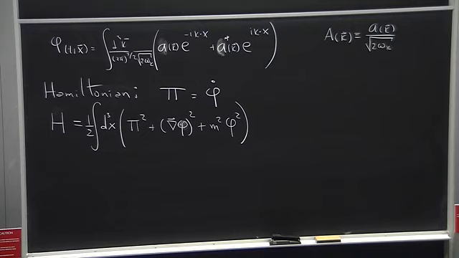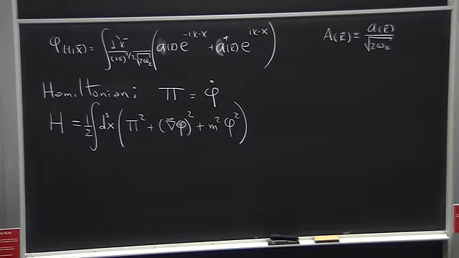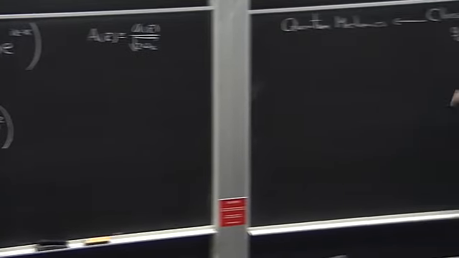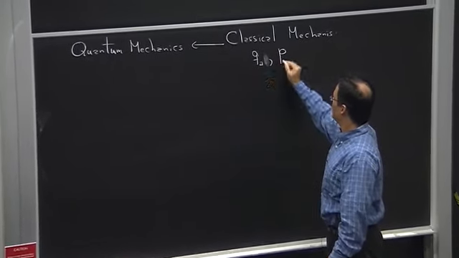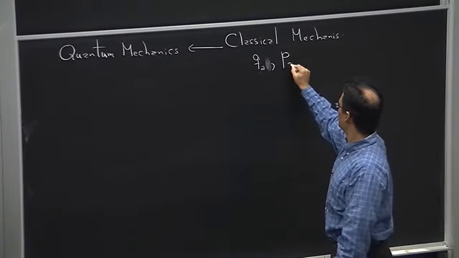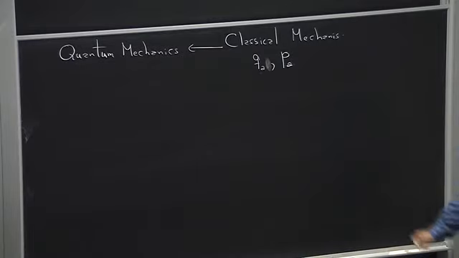Or how we got it from our classical description that we had yesterday, where we had some variables, some coordinates, and in the Hamiltonian version, we had the momenta.